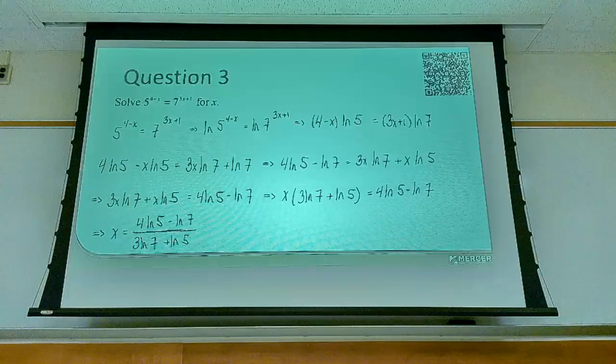Yep. I just use the reflexive property of equality, just so I can have the x's on the left-hand side. That is our solution. That looks kind of hideous.